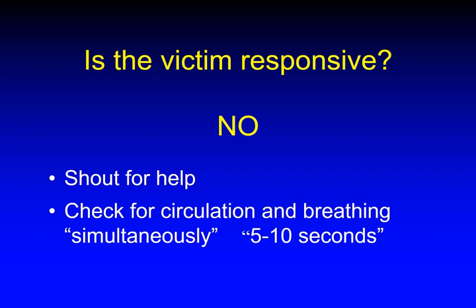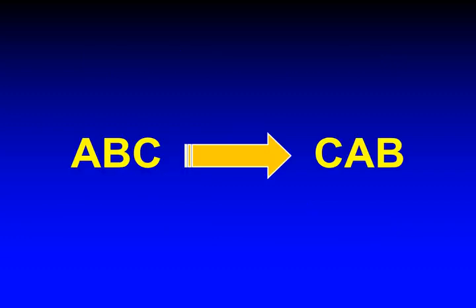Then check for circulation and breathing simultaneously, at the same time, 5 to 10 seconds. Not less than 5 seconds, not more than 10 seconds. After the ABC, now it has changed to CAB: airway, breathing, circulation.